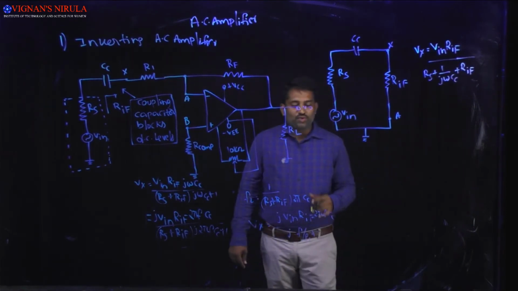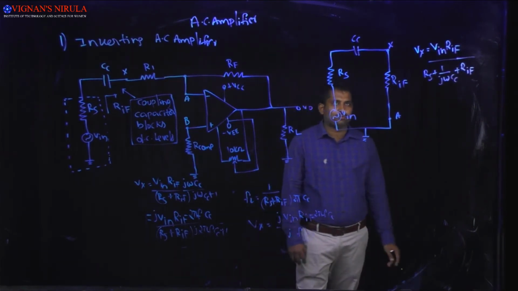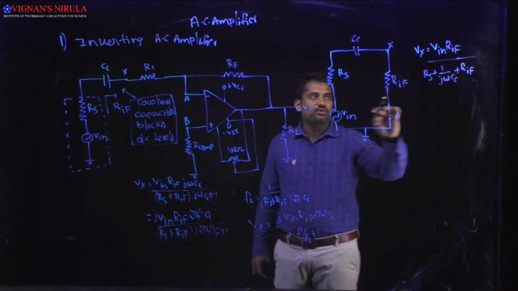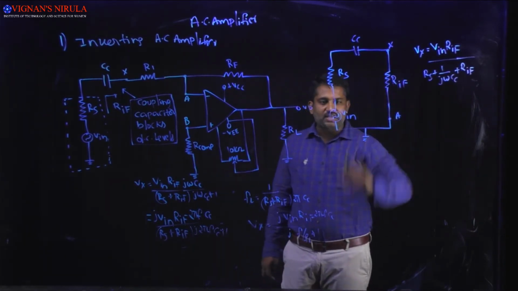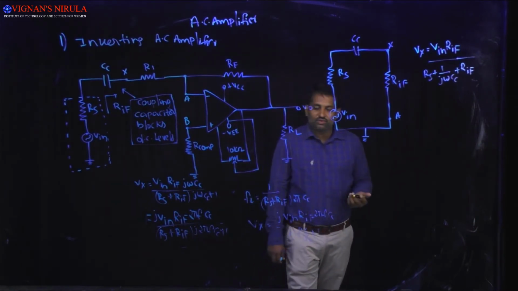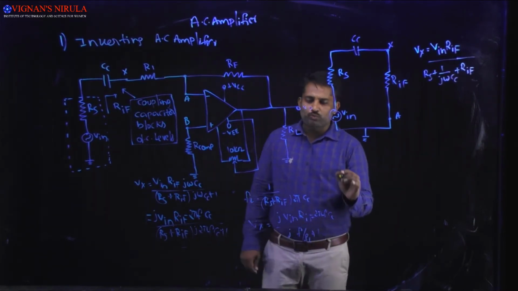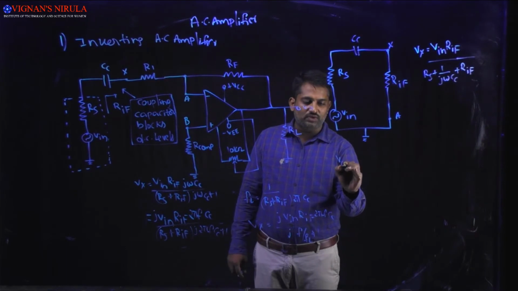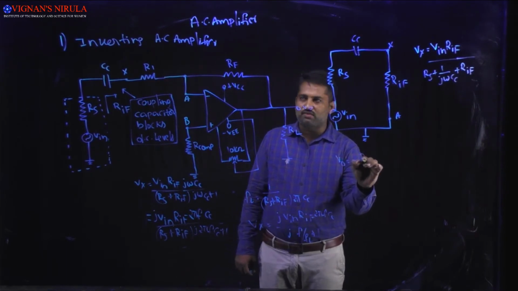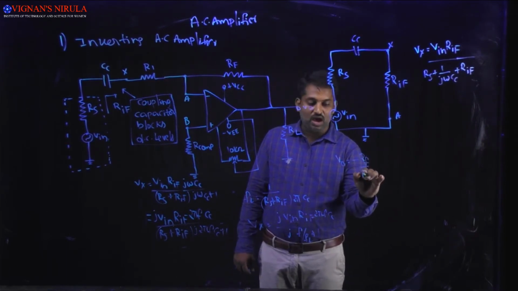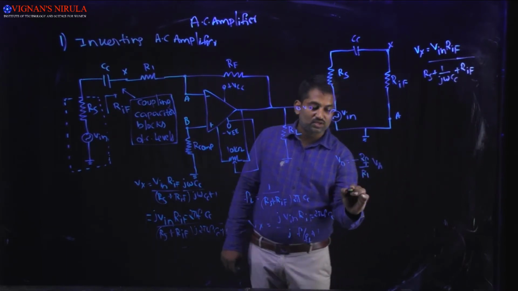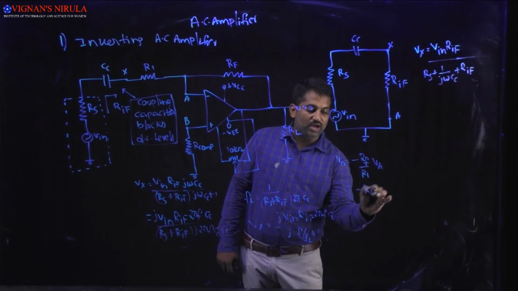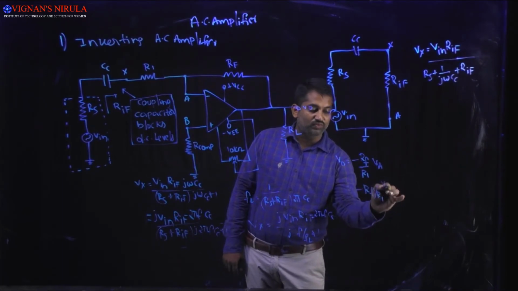Once we know the value of Vx, both are at the same potential, Vx and VA. So the potential at A will be treated as the potential at X. Then we can directly write the output voltage. V naught will be equal to minus of Rf divided by R1 into VA, which is nothing but Vx in this case. So it becomes minus Rf by R1 into Vx.